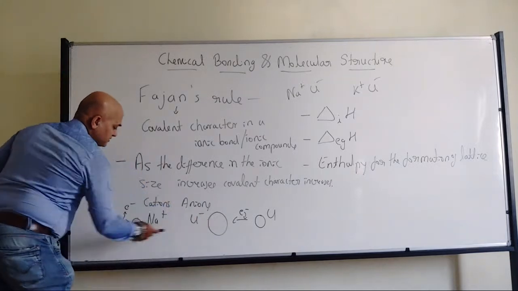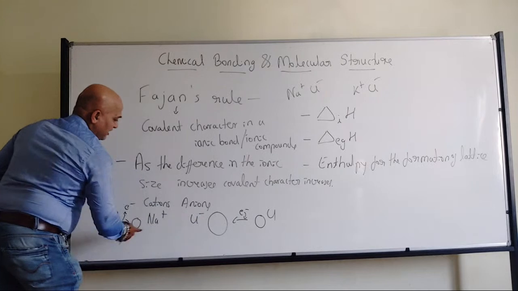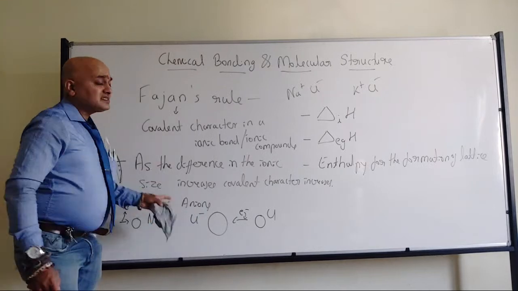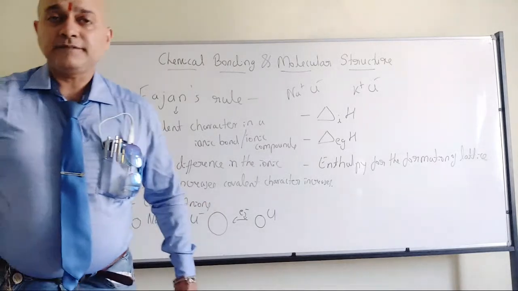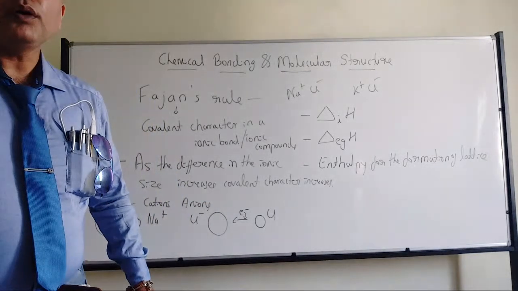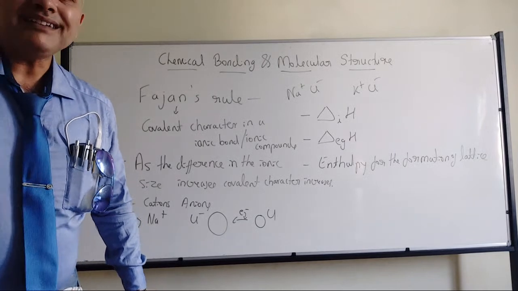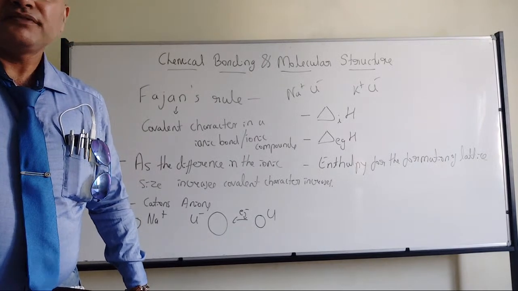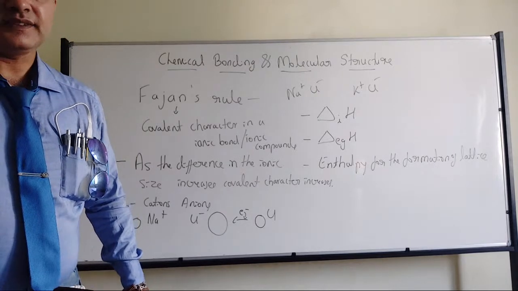As the difference of these increases, I have taken Na+ and Cl- here. As the difference increases, covalent character will increase because there will be more amount of negative and positive charges, and more interaction will happen. Therefore covalent character increases.